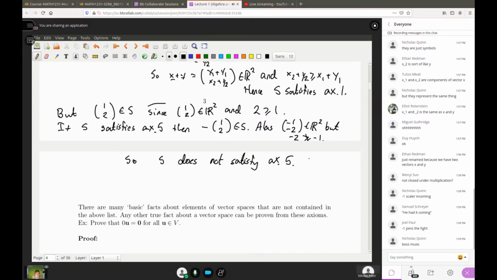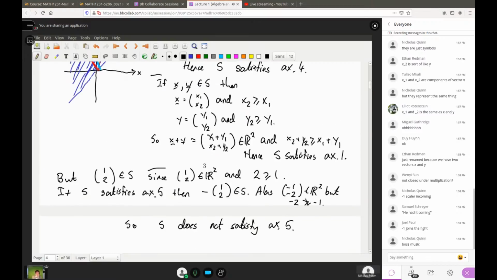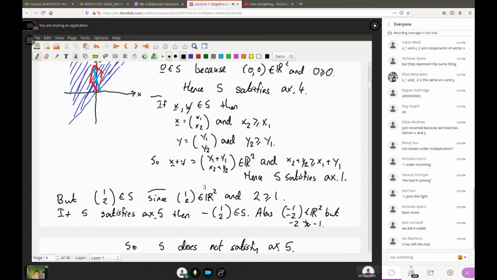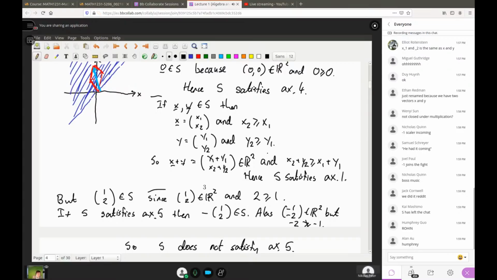What I want you to appreciate here is the very different strategies we used in proving these two things. For the first two, we showed that it does satisfy axiom 4 and axiom 1, and the way we did that is by taking arbitrary elements, any old x and y with just generic properties, and showed that the sum of any two elements is in the set.